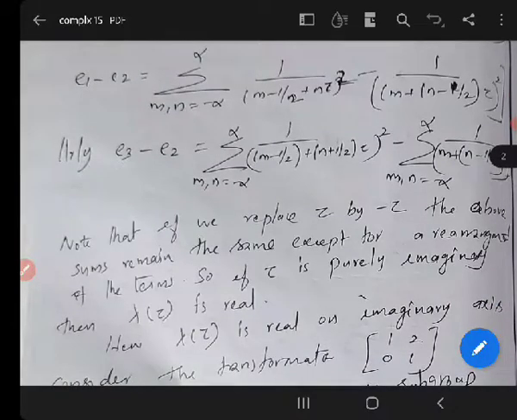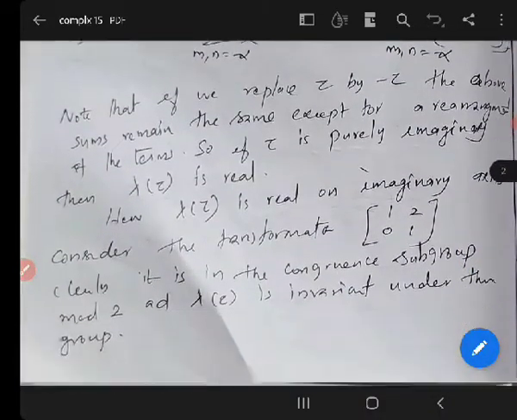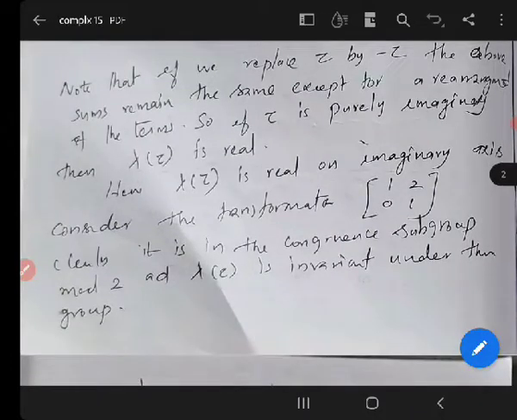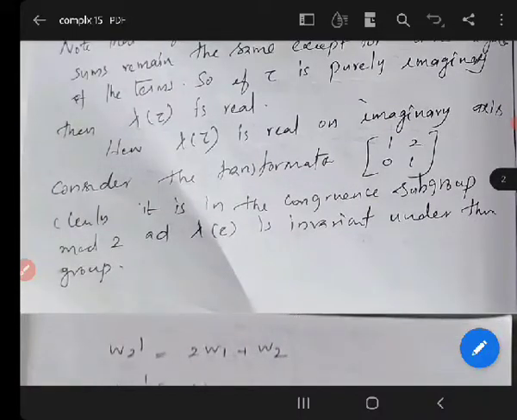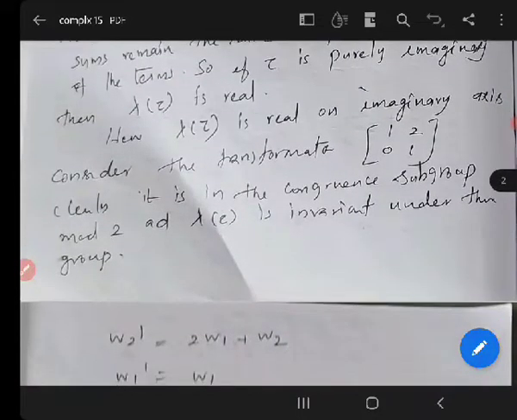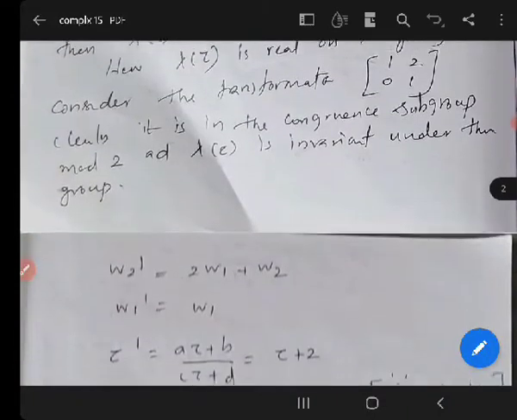So what happened? We can say that if tau is purely imaginary, then lambda tau is real, that is, lambda tau is real on the imaginary axis. Now you consider the matrix 1 2 0 1, you consider the transformation. This transformation is in the congruence subgroup mod 2, we know that, and we know that lambda tau is invariant under this transformation, under the subgroup, right?